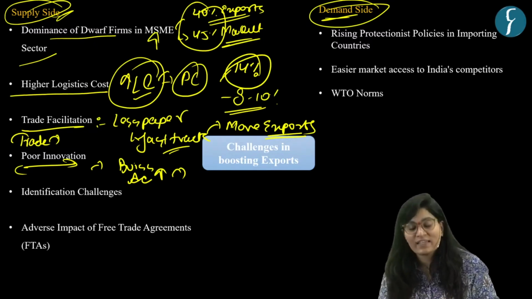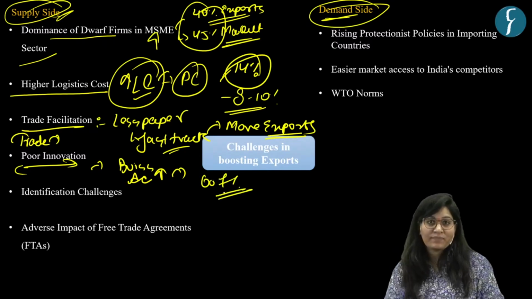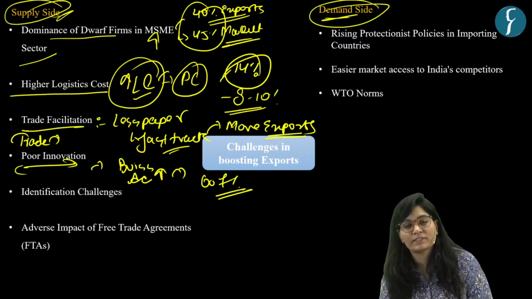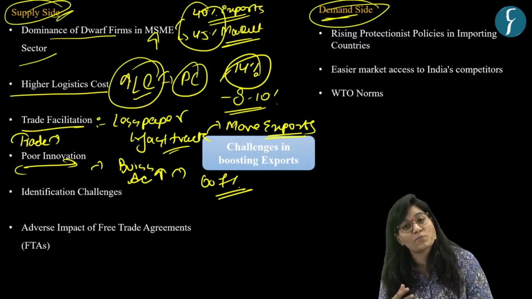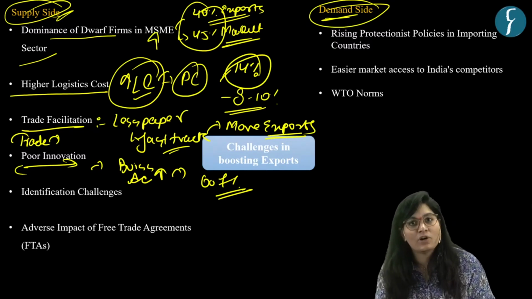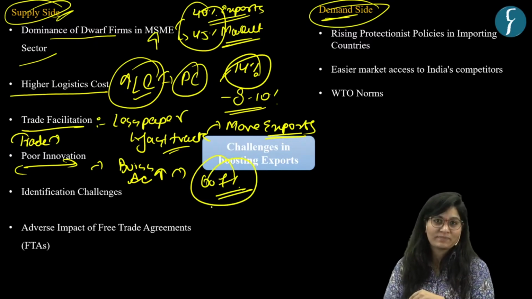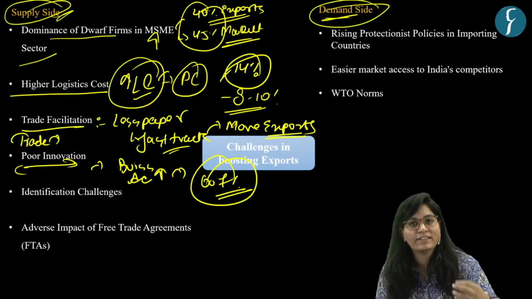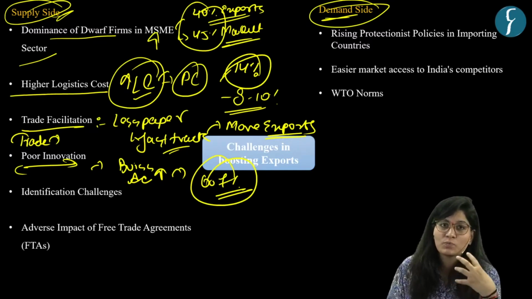India is spending only 0.7 percent on R&D. And if you compare with USA, it is 2.7 percent. If you compare with Israel, it is more than that. And how much is India spending? 0.7 percent. So how will we get market competitive or technologically sound products? So poor innovation is one of the challenges faced on the supply side.